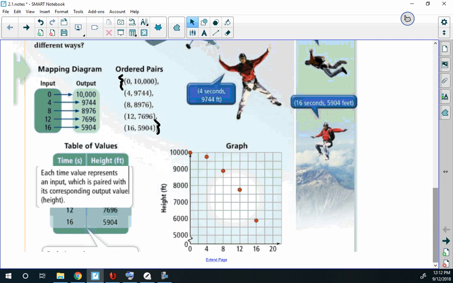Pretty cool. Could you imagine that, 16 seconds of free fall? That's a long time. 1, 2, ready, jump. Where's the parachute handle? You guys have heard this one. This is an awful joke.